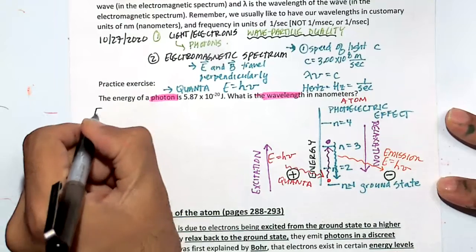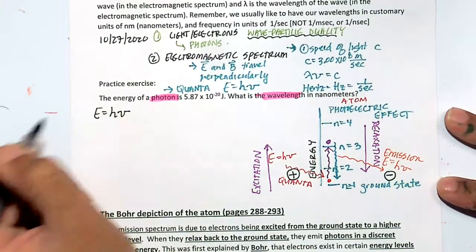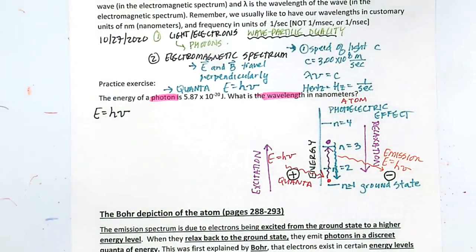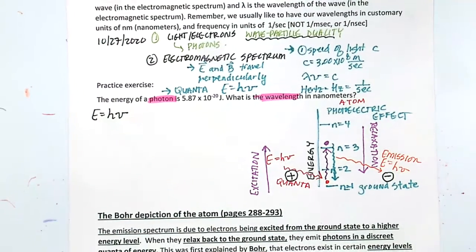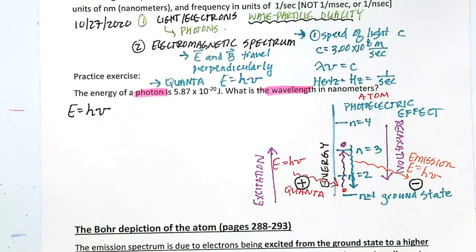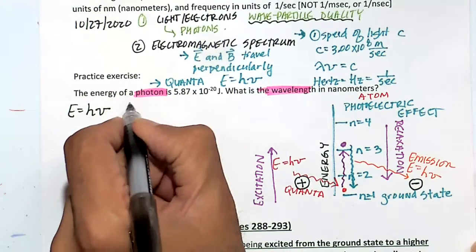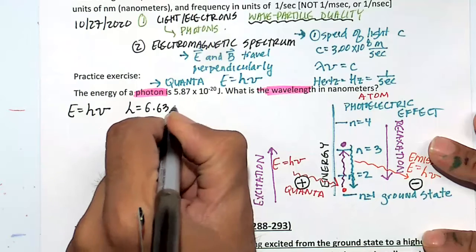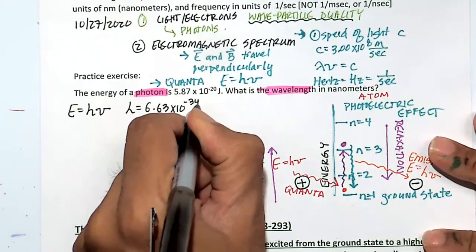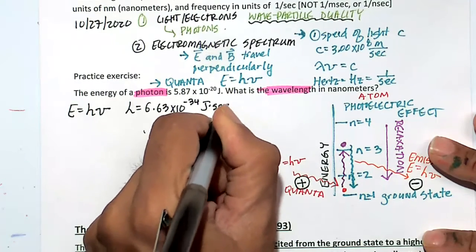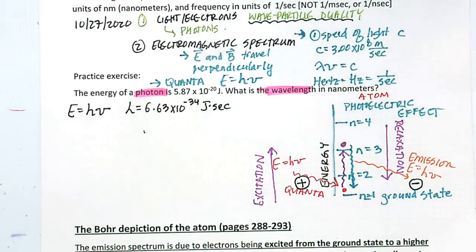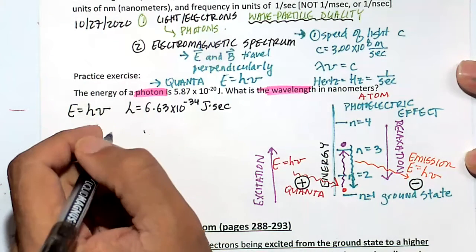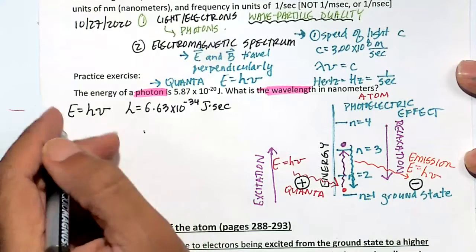We're going to use E equals hν, where h is Planck's constant. I'll give you this on the exam. It's 6.63 times 10 to the minus 34 joule seconds. And don't forget frequency is in hertz.